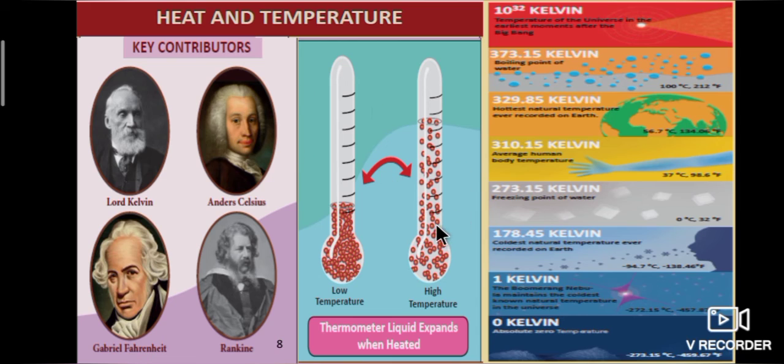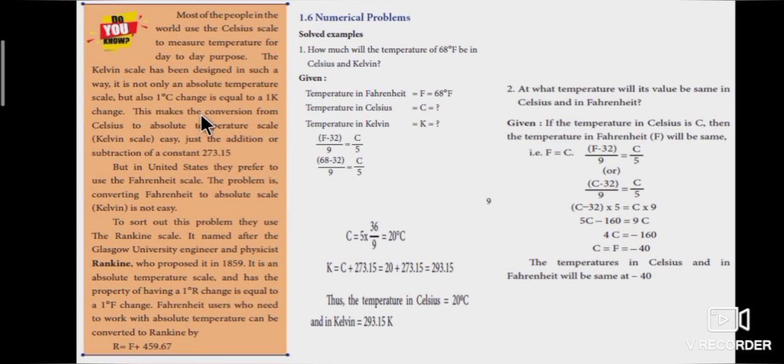In a thermometer, liquid expands when it is heated. Degree Celsius, degree Fahrenheit and Kelvin are the units of temperature. Page number 9 explains about Rankine scale and numerical problems.